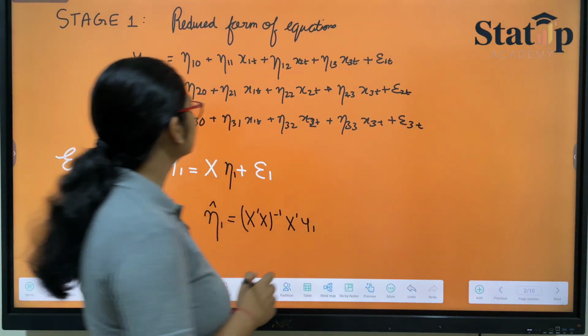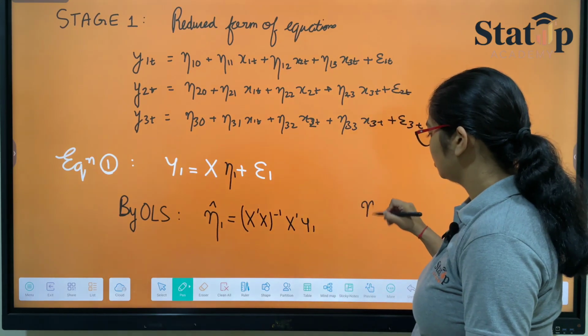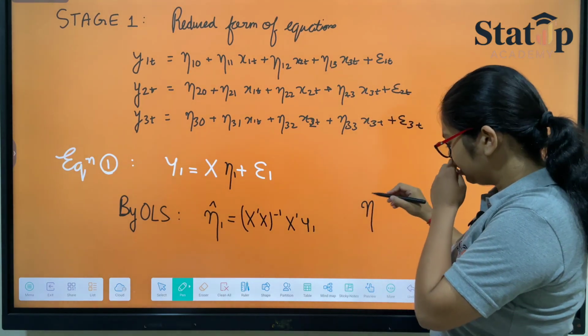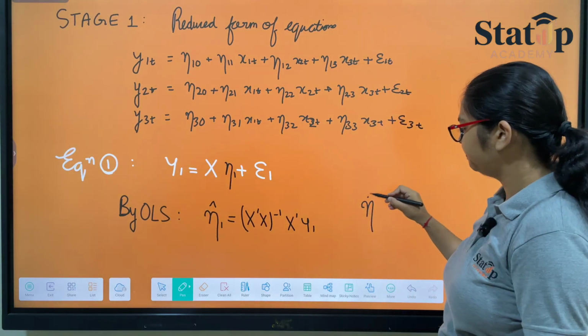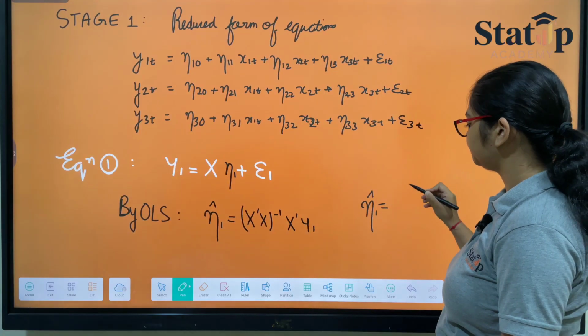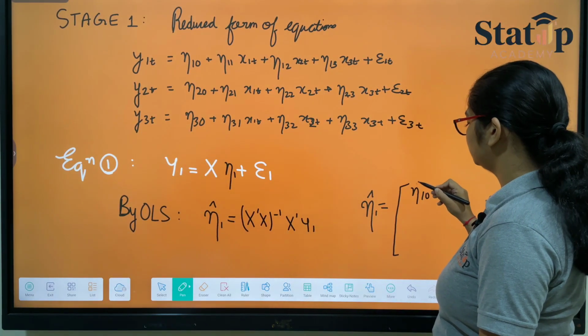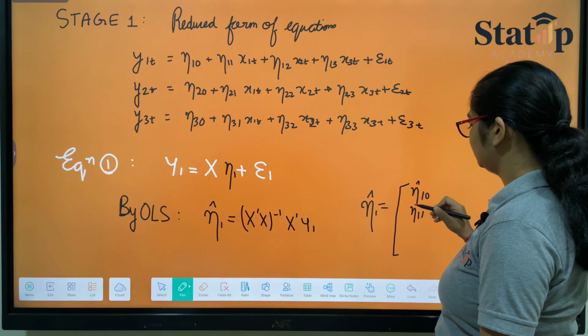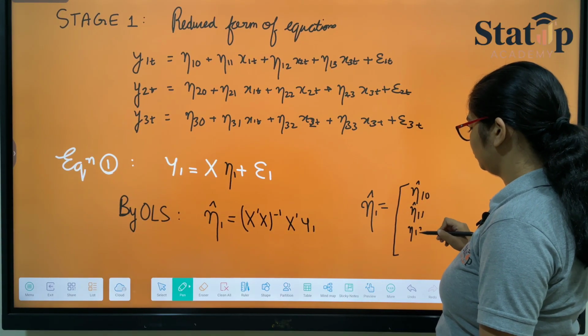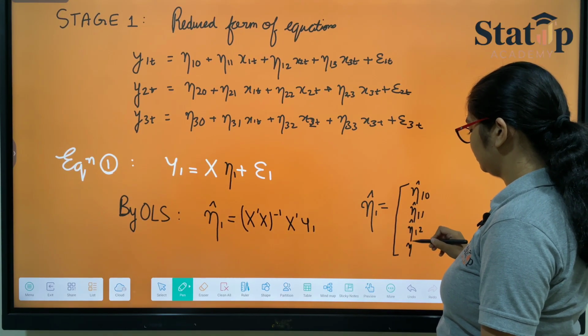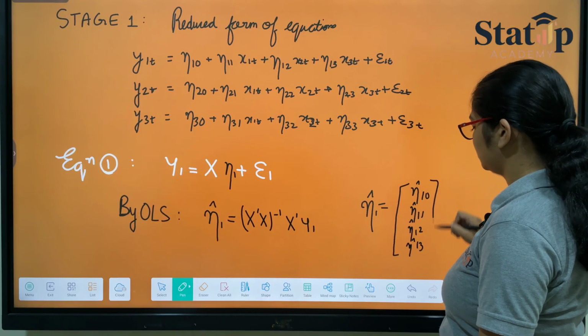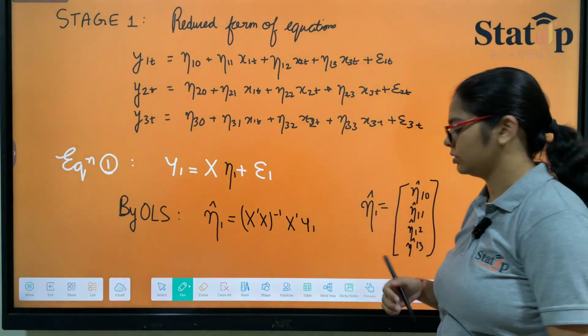Eta 1 consists of eta 1 0, eta 1 1, eta 1 2, and eta 1 3. We will get these values.